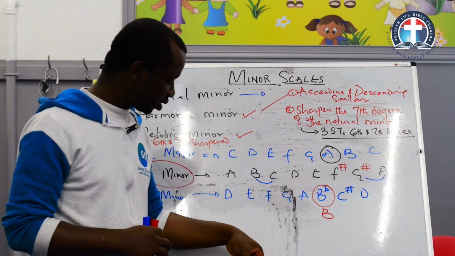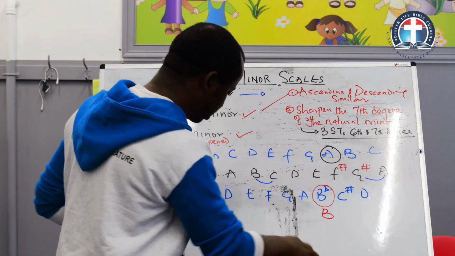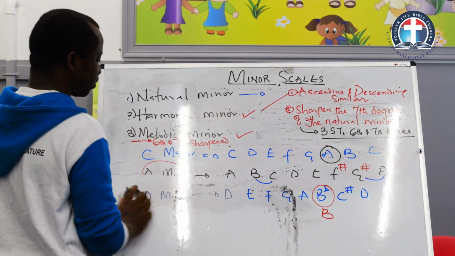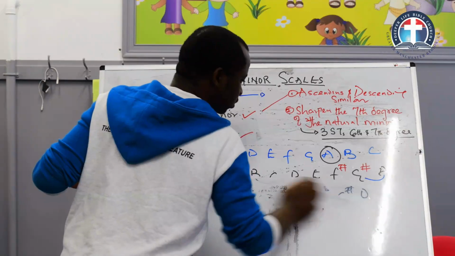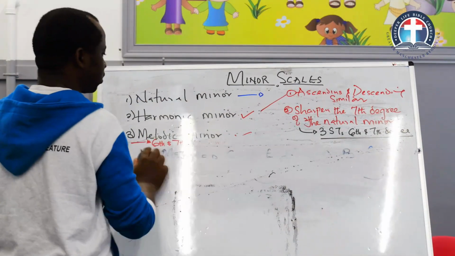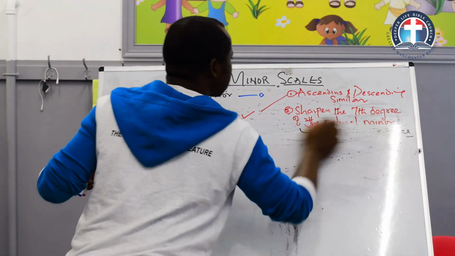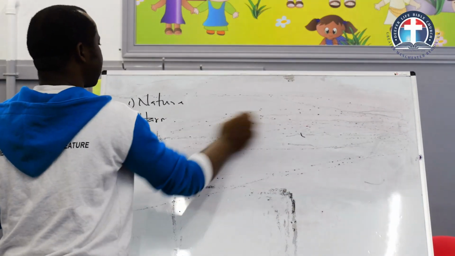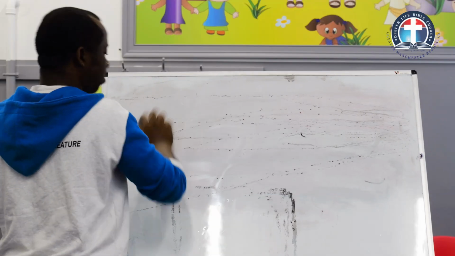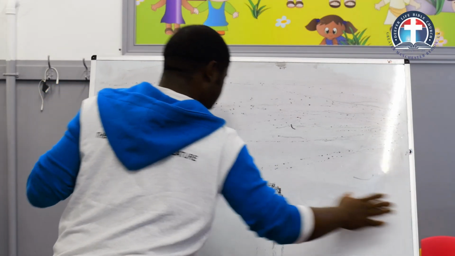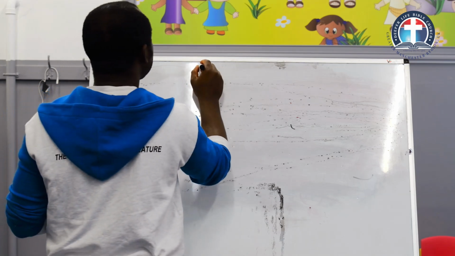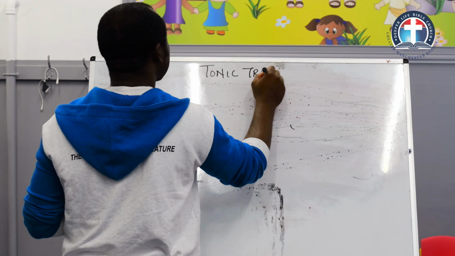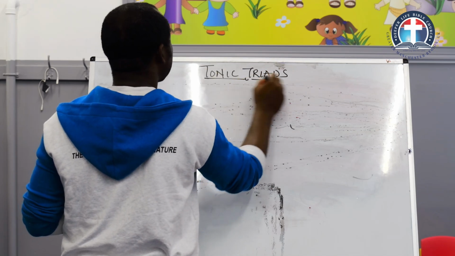Okay, so we're almost there. Let's just keep running and we'll go to tonic triads.